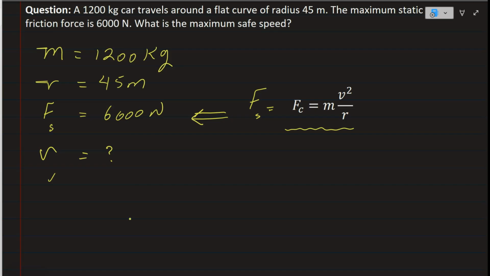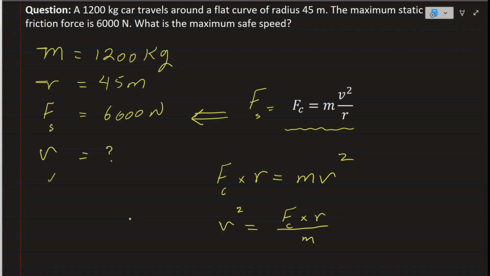So v squared. The first thing we have to do is multiply both sides by r. So Fc times r equals mv squared. We are isolating v squared, so divide both sides by m, and we get v squared equals the centripetal force times the radius divided by m.